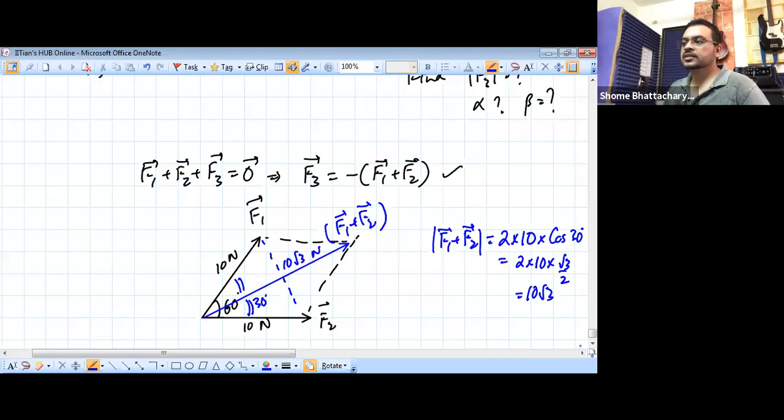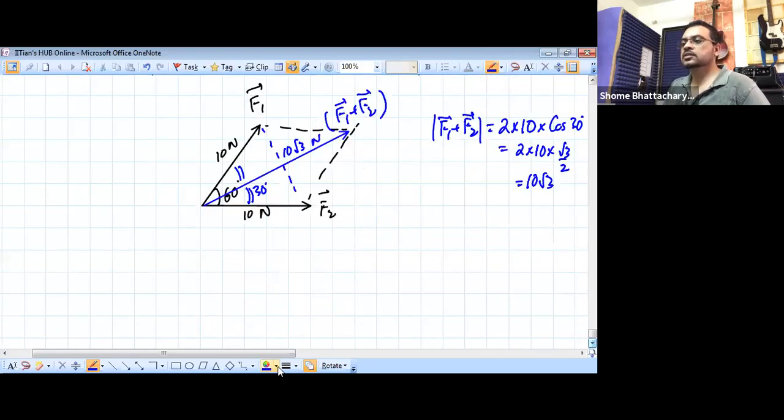Okay. So now we can see that since F3 has to be minus of F1 plus F2, it has to be just equal and opposite to this vector. So F3 in this diagram has to lie exactly diametrically opposite to this and of same magnitude. So F3 has to be like this. This has to be 10 root 3 newtons in magnitude.